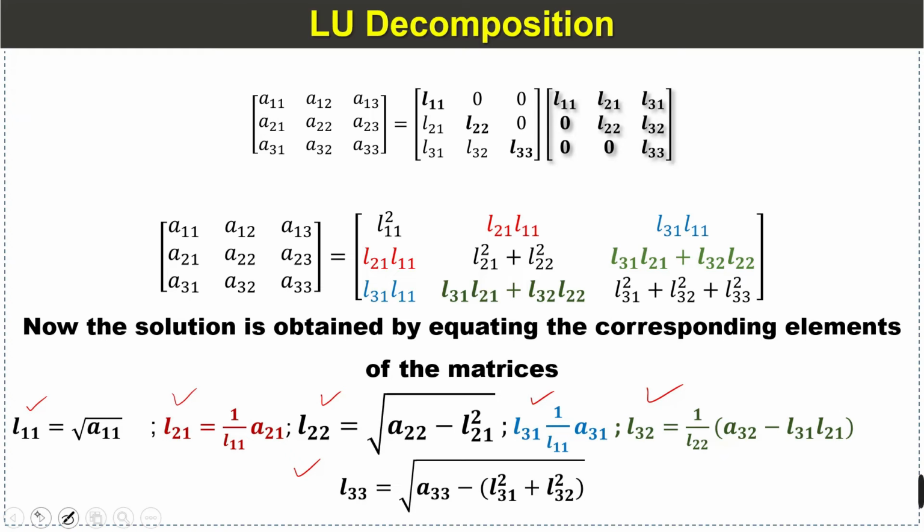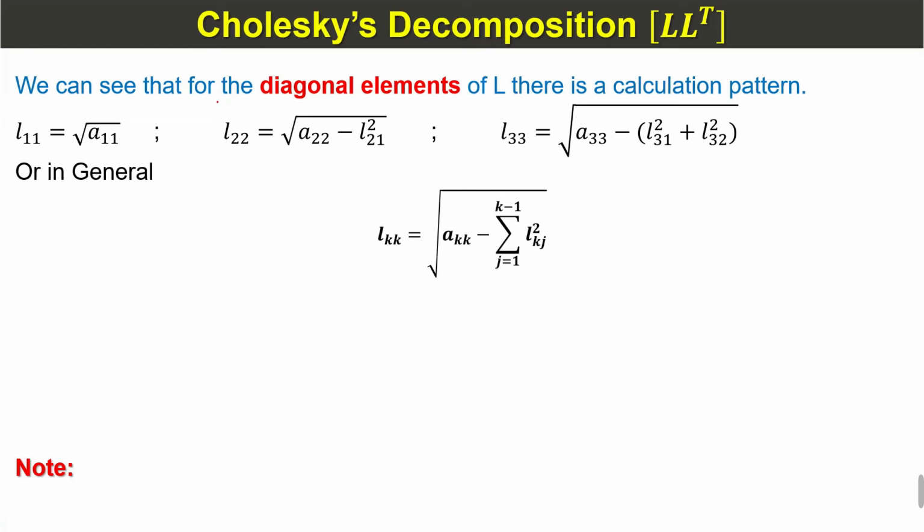We can see that for the diagonal elements of the lower triangular matrix there is a calculation pattern: L11 is equal to the square root of A11, L22 is equal to the square root of A22 minus L21 squared, and similarly L33 is equal to the square root of A33 minus L31 squared plus L32 squared.